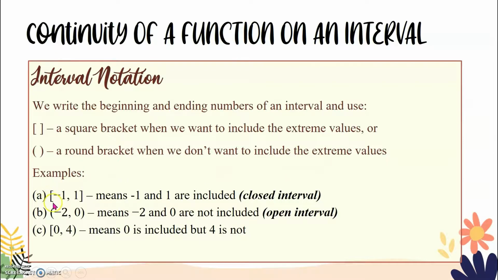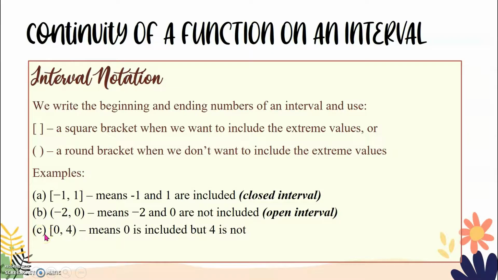For example, we have here a closed interval from -1 to 1. This means our extreme values, -1 and 1, are included. For example B, we have here an open interval of -2 to 0. Since this is an open interval, our extreme values, -2 and 0, are not included.